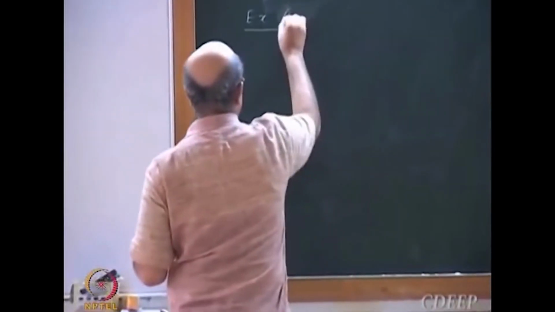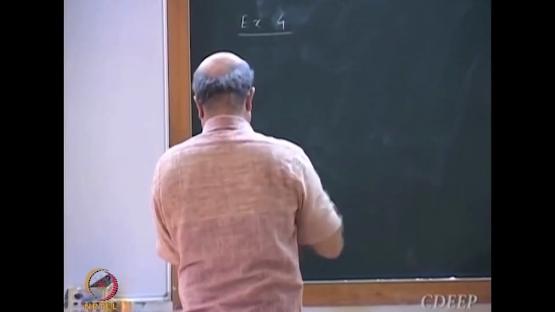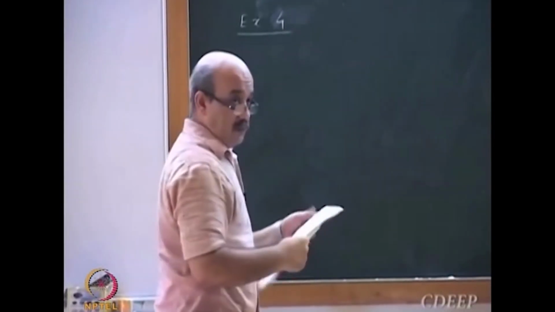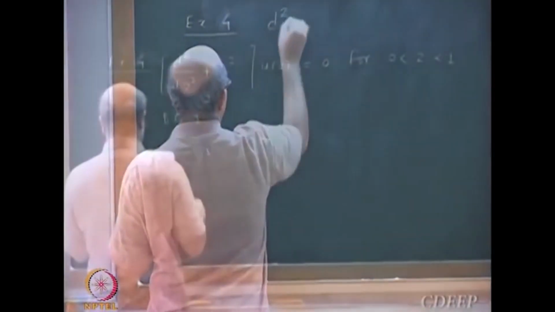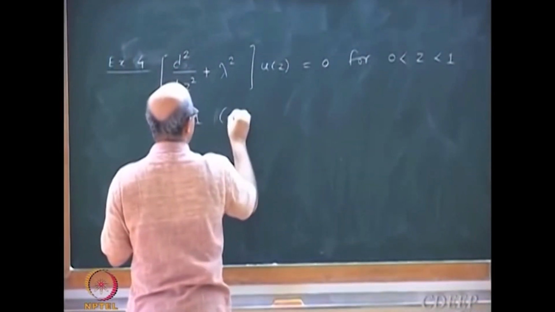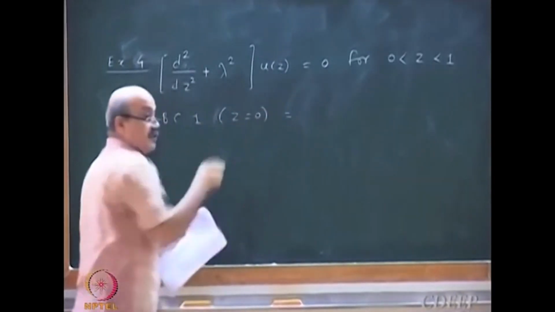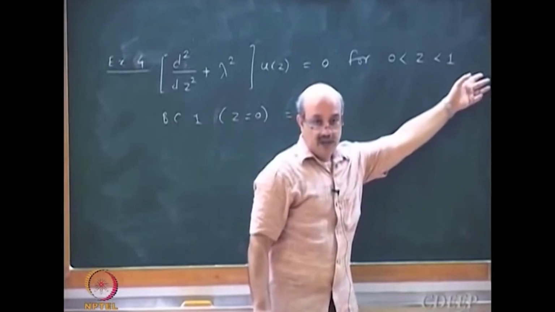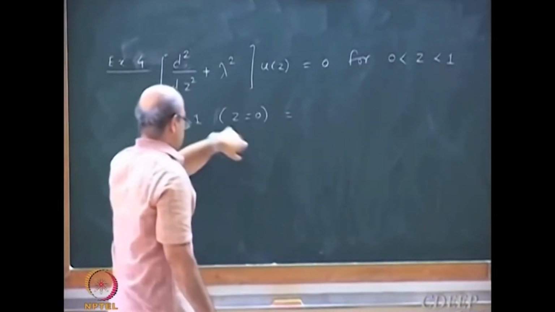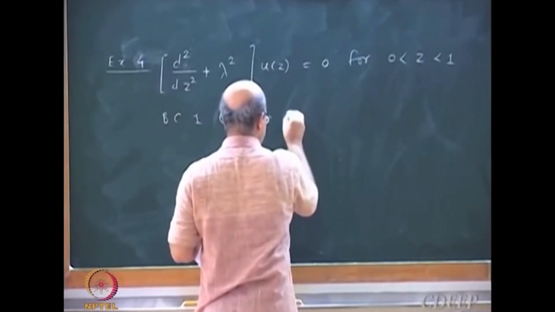So my example 4 is a boundary value problem now. So I have two boundary conditions. This is the differential equation which is satisfied in the domain z going from 0 to 1. Okay. Then I have this boundary condition at z is equal to 0.